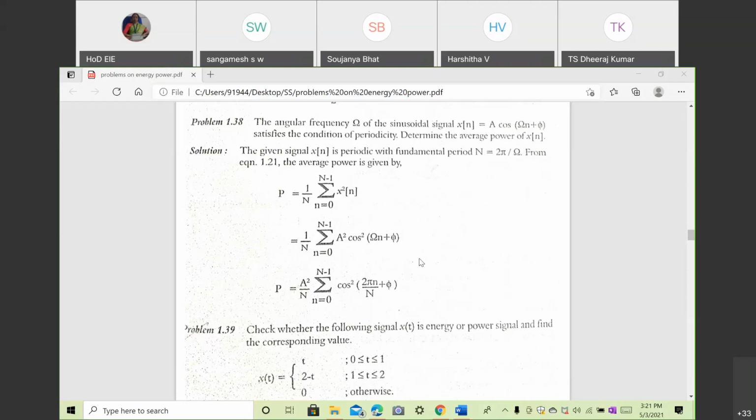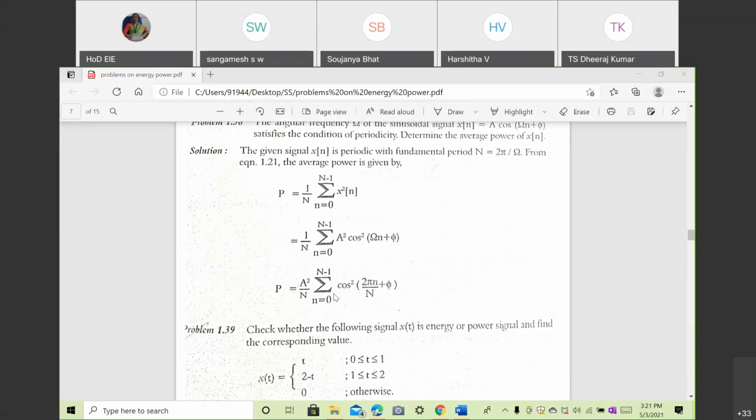We can do further simplification, in which we have to change the n value, that is n equal to 0, 1, 2, 3, 4. Also the phase angle is not given, and the total sequence length N is also not given.